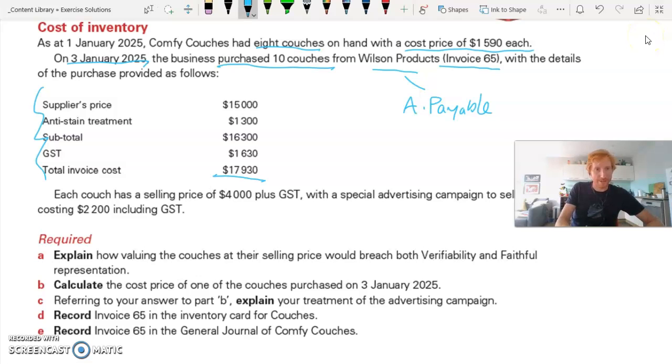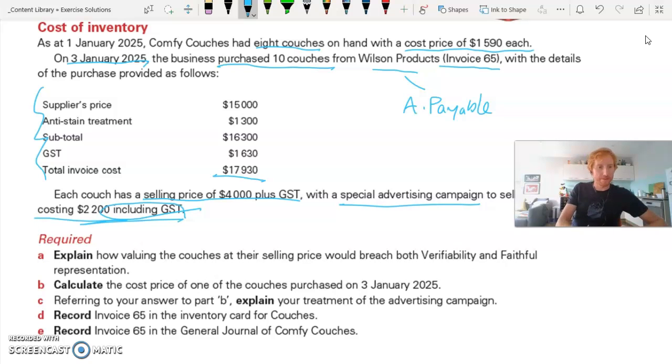Each couch has a selling price of $4,000 plus GST, and there is a special advertising campaign to sell the couches costing $2,200 including GST.